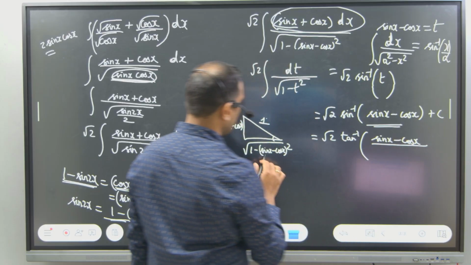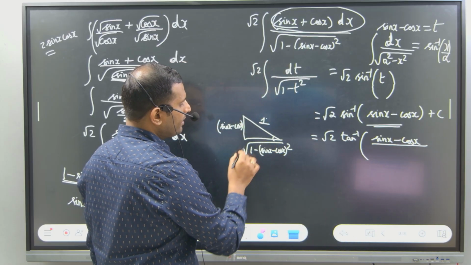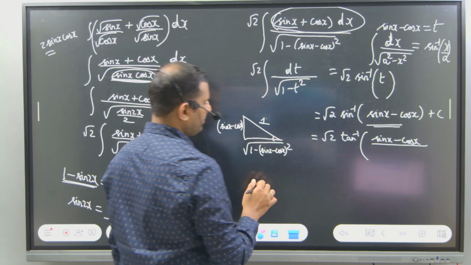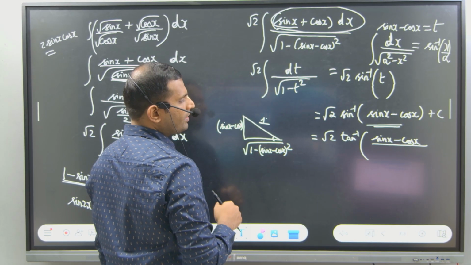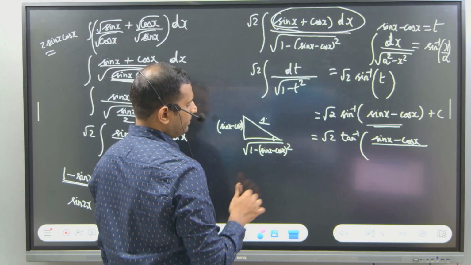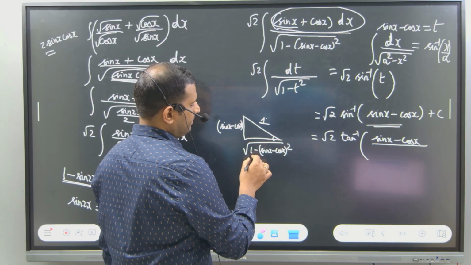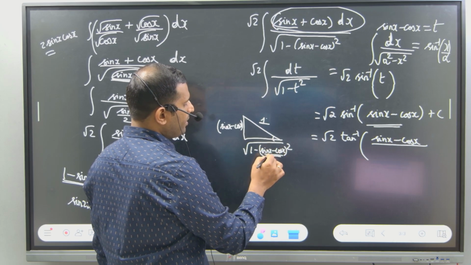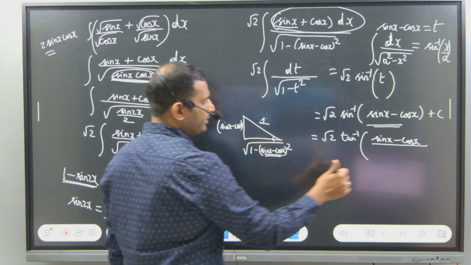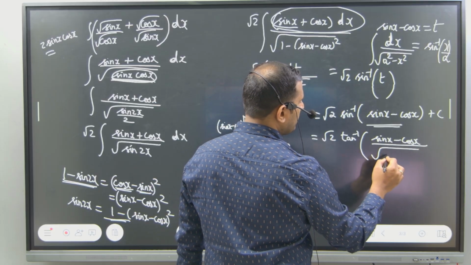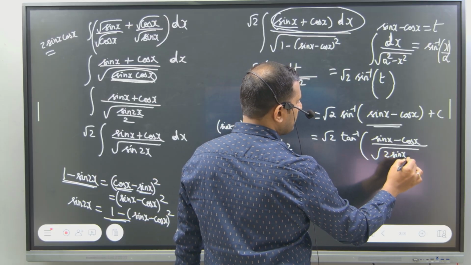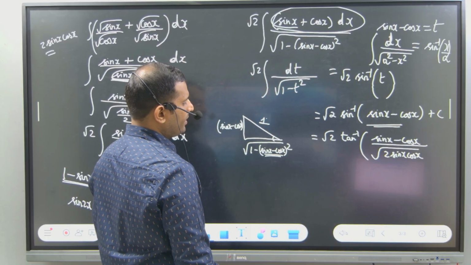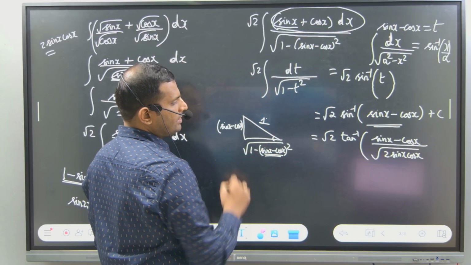What do we get if we simplify this? In sin x minus cos x whole square, sin square plus cos square is 1. So here you will get root of 2 sin x cos x. Yes or no, students? Because 1 will get cancelled.